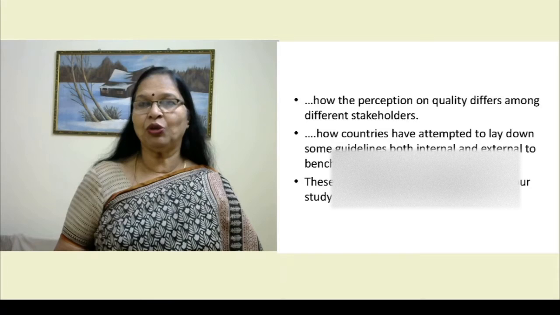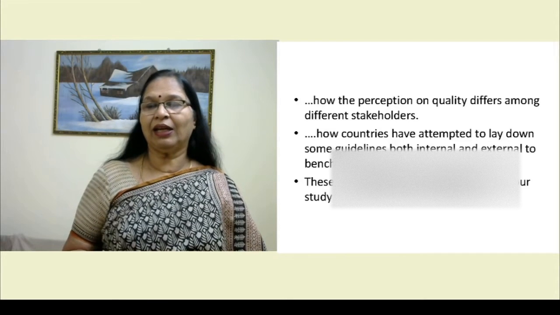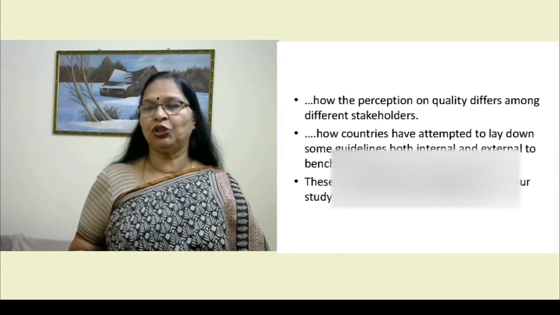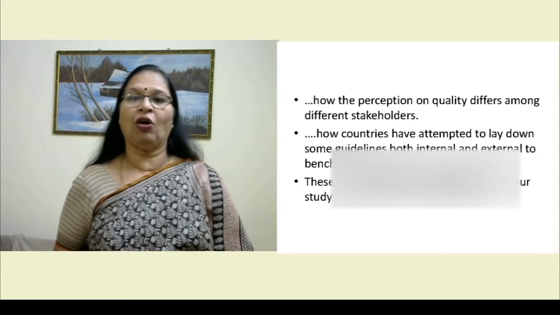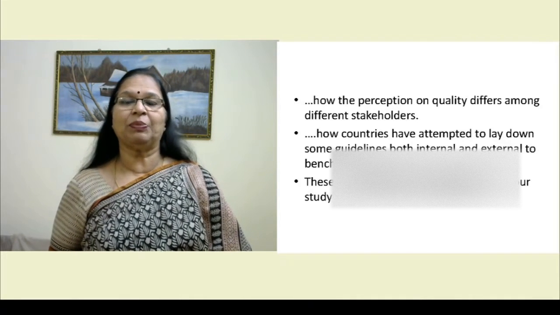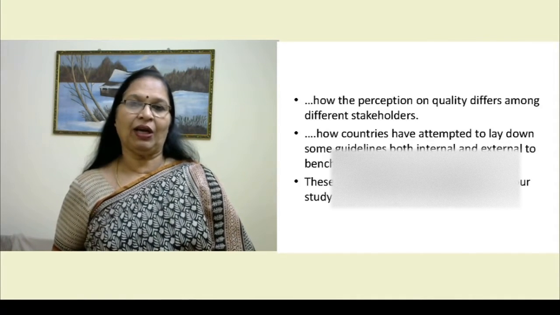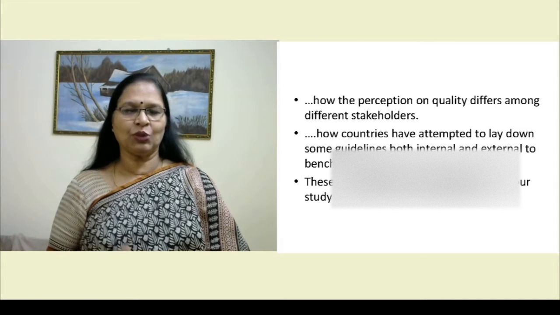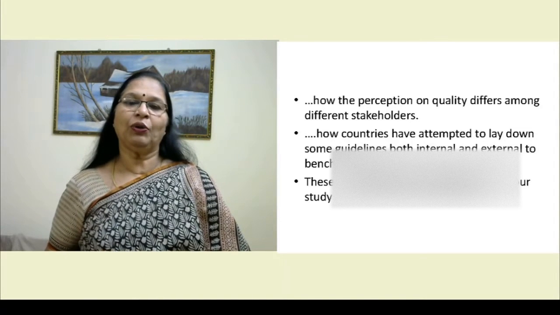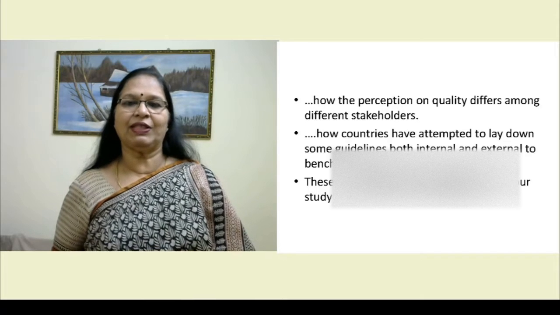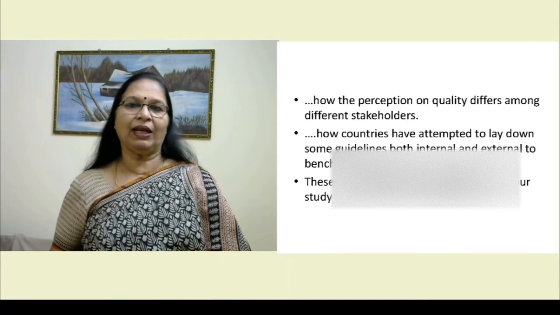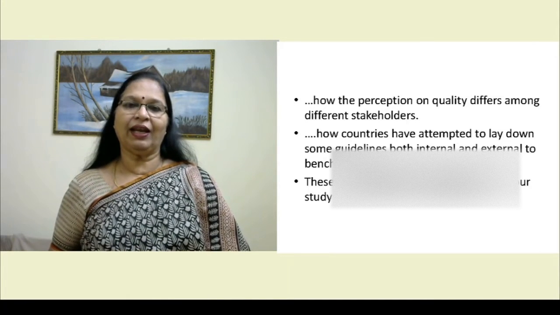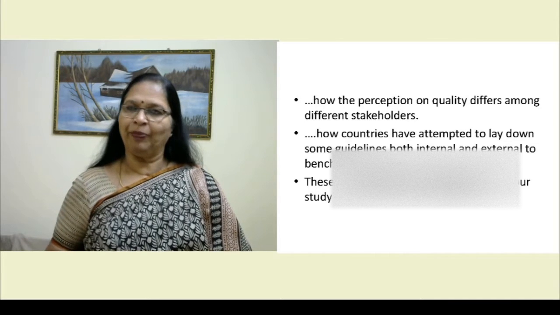Take another example, how the perception of quality differs among different stakeholders. So you are writing now that the earlier writers have understood this particular issue. There has been research on how the perception of quality differs among different stakeholders. That is one they have studied. Or you can say how countries have attempted to lay down some guidelines, both internal and external, to benchmark quality. This has been studied.